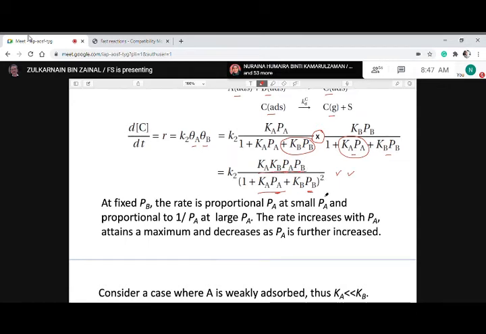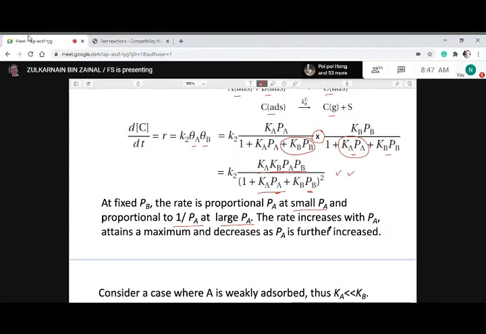At large PA, the rate will depend on 1 over PA. So you can rewrite the equation based on this statement.